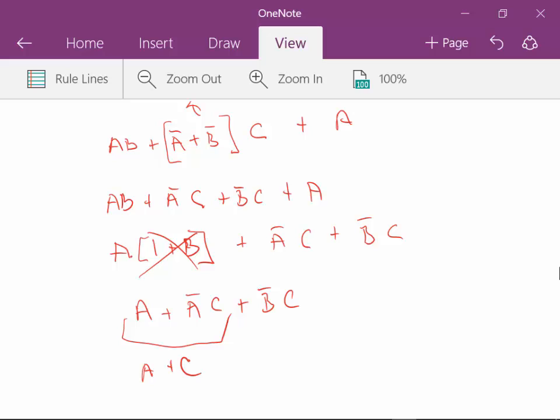So when I do that, that's going to be equal to A plus C plus B naught C right there. Now when I look at these and I factor out a C, that's equal to A plus C(1 plus B naught) equals A plus C, right there.